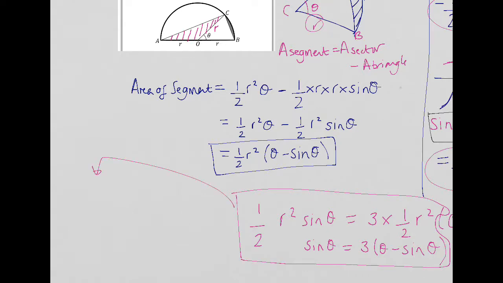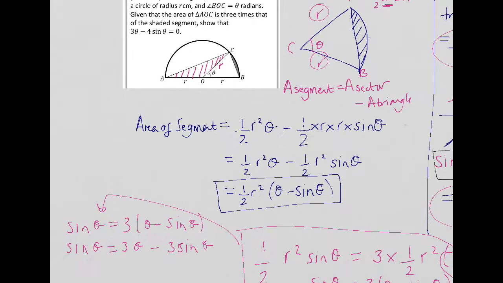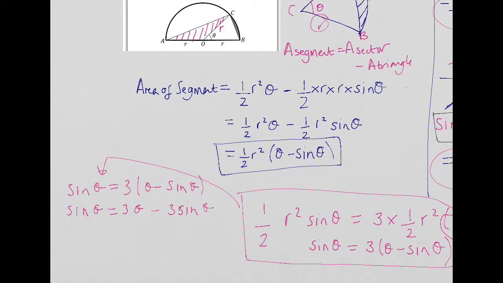So here, I'm just going to write this line out again so that it's not too confusing, my moving around on the page. I can then multiply out my bracket and then from there, just looking back, I want to take this sine theta, take a sine theta from both sides.